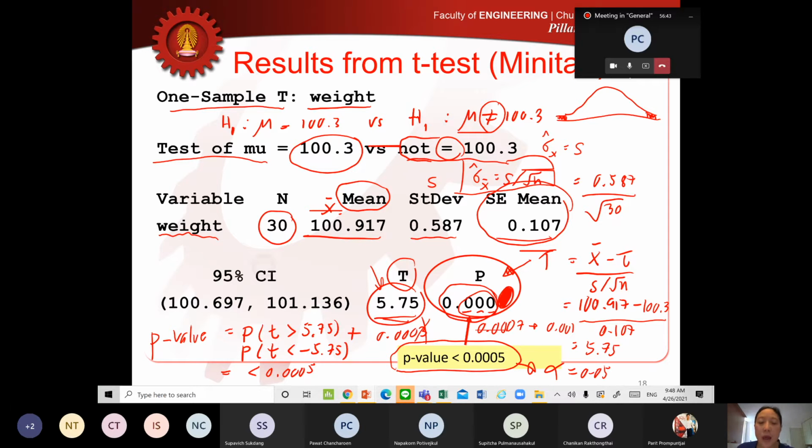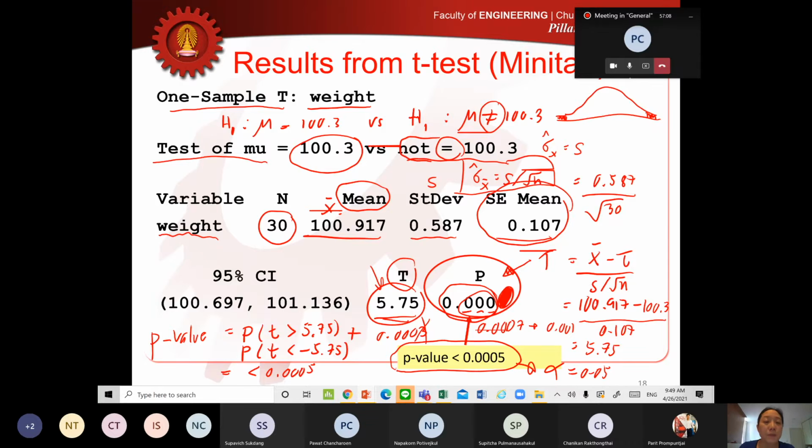In this case, the p-value is less than alpha, right? So you conclude that the bias is significant. Or in a longer sentence, you say that the bias is significantly different from 0. That means it has some significant amount.